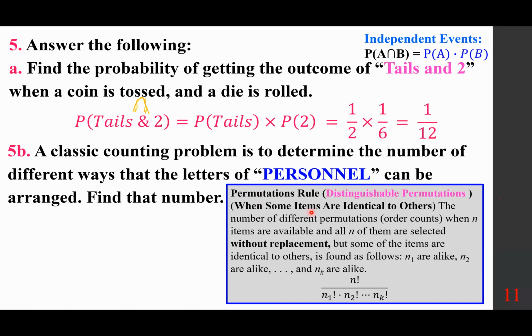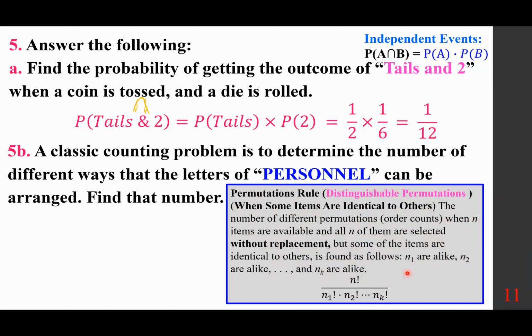When some items are identical to others, the number of different permutations, where order counts, when n items are available and all n of them are selected without replacement, but some of the items are identical to others, is found as follows: n1 are alike, n2 are alike, ... and nk are alike. So that's the formula. Thank you so much. This is the distinguishable permutation.